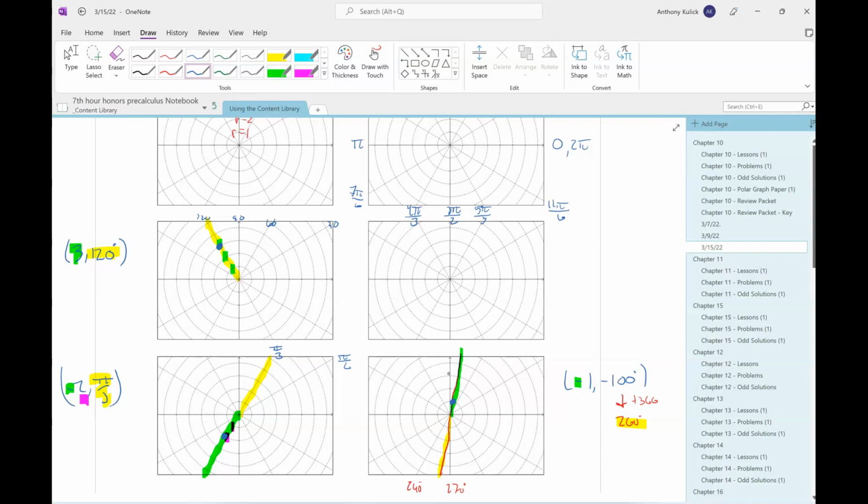Anybody have any observation you want to make? Anything that's different about these polar points than Cartesian points? There is a big difference. Something that can happen with polar points that can never happen with Cartesian points. Let's go back to the second example here.